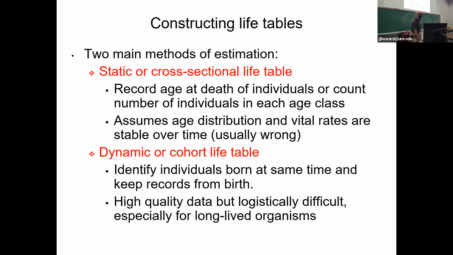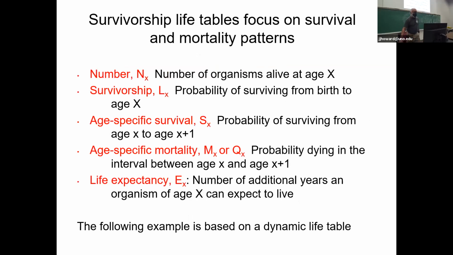All right. Now, let's look at what goes into the life table. So the life table has 2 parts. It has a survivorship part and it has a reproduction part. Let's focus first on the survivorship part. So the survivorship life table has the following things in it.